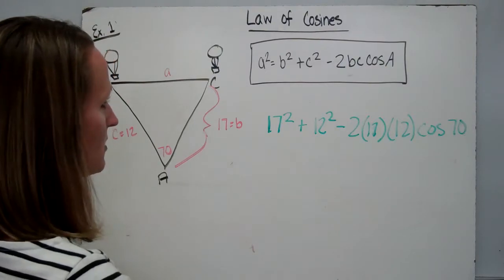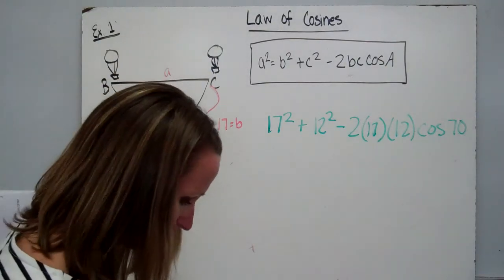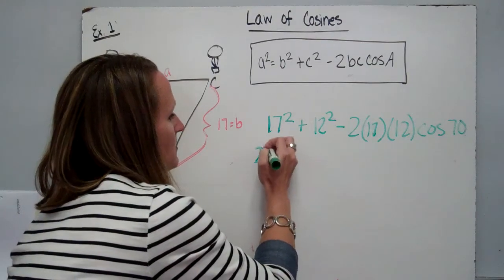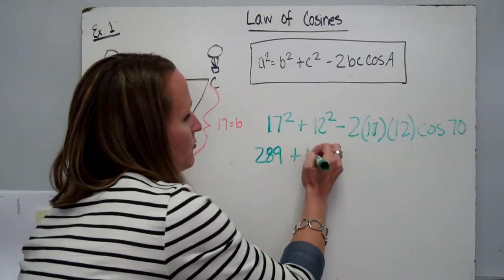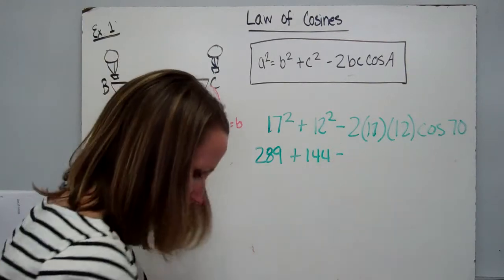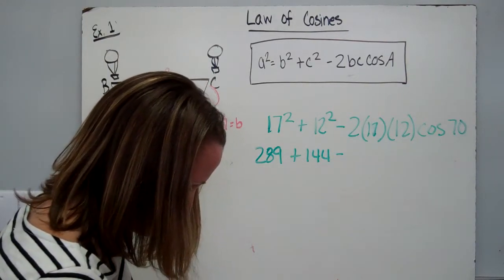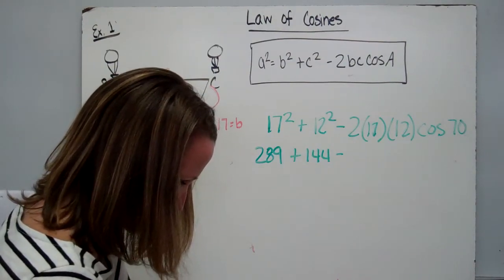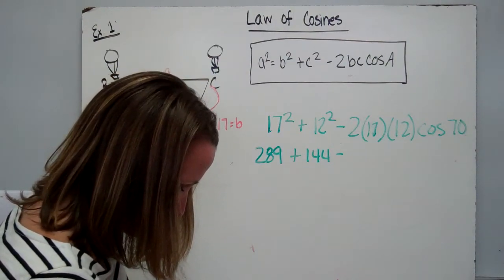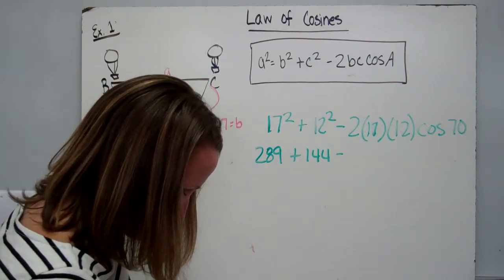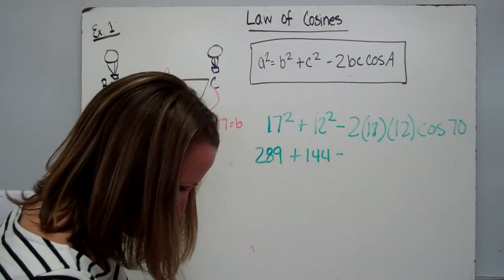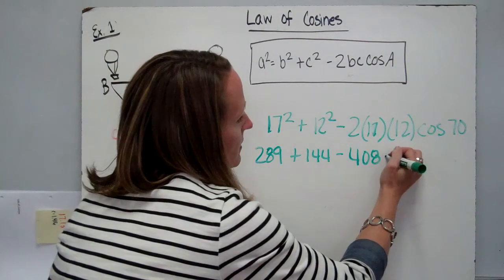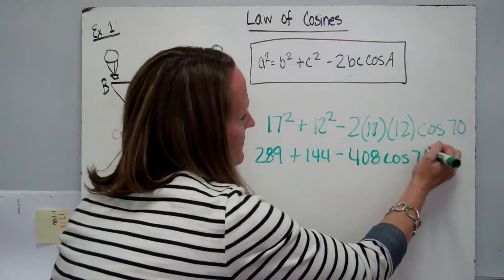Alright, so if I start plugging this in, I get 289 plus 144 minus 408 cosine of 70.